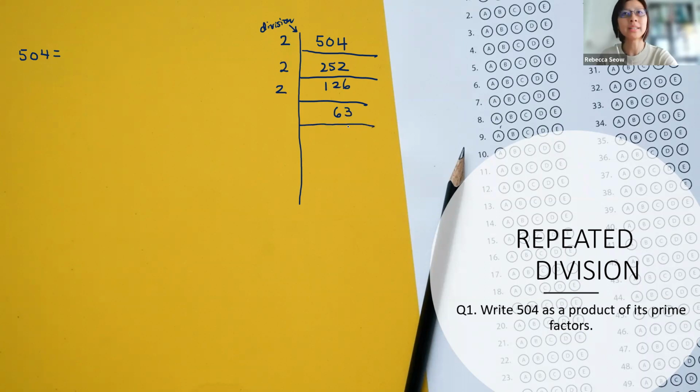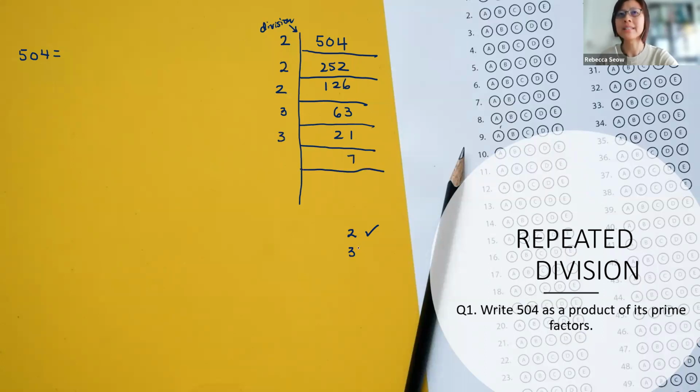Divide by 2 again? No more. So after 2 has been used up as a prime factor, let's move on to the next higher prime factor, which is 3. Can 63 be divided by 3? Yes, that gives us 21. Can we divide it by 3 again? Yes, that gives us 7.